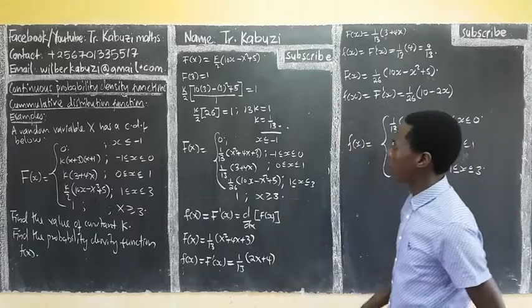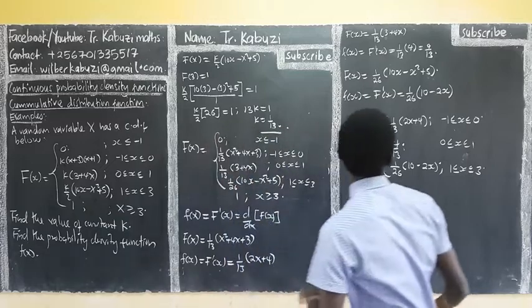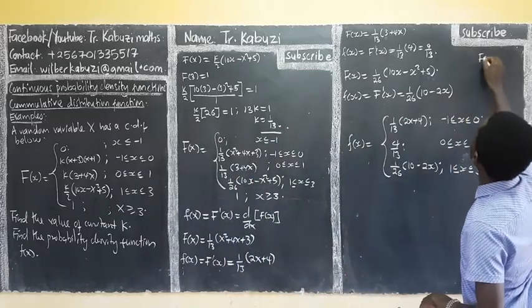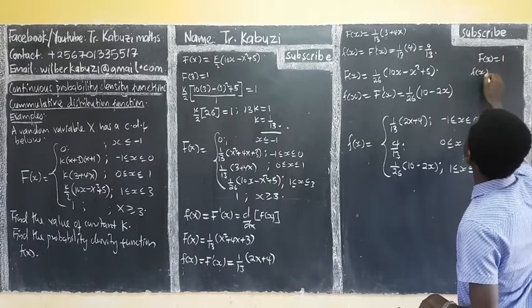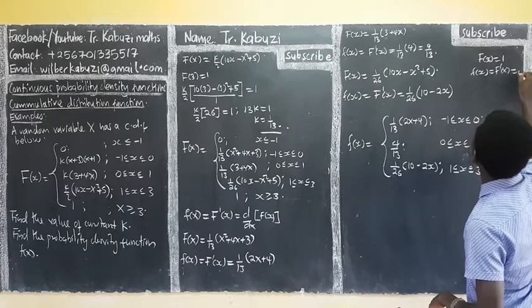Now, we concentrate on our last interval, the one where capital F of x is equal to 1. Our small f of x here, we shall differentiate this capital F of x, which will be 0.